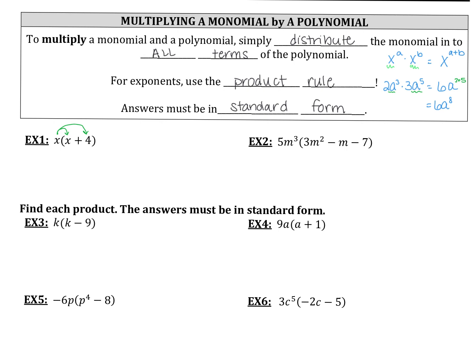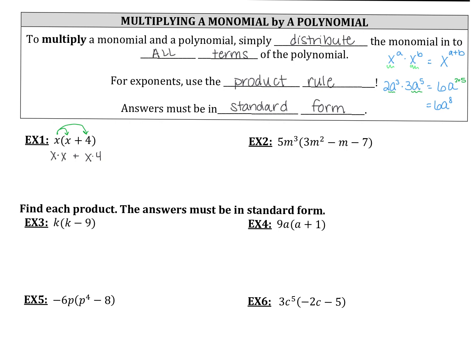I probably would skip this step that I'm about to show you, but I want you to be able to see it. I am multiplying x times x plus x times 4. So I'm taking x and multiplying it by both things in the parentheses.